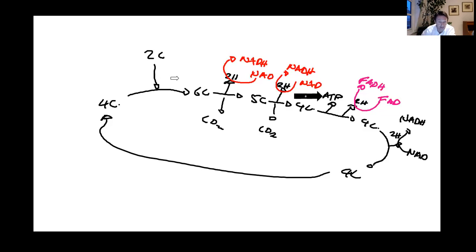Now, the only things you need to know the name of in the link reaction and Krebs cycle are acetyl CoA, the oxaloacetate, and the citrate. The 5-carbon, the 4-carbon, the intermediates, you don't need to know.